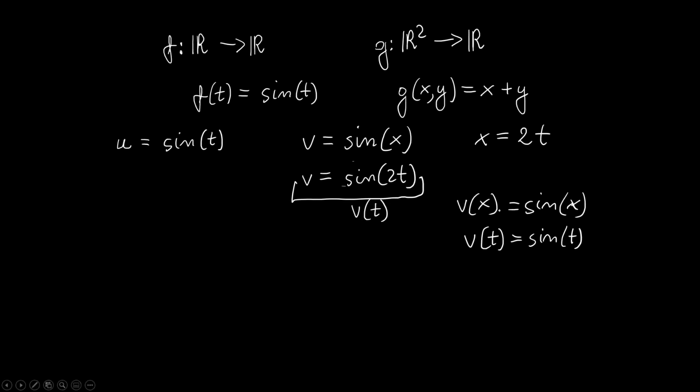So v might be equal to sine of x, but also v might be equal, I will use s here, sine of 2s, when we think about t using argument in the bracket.